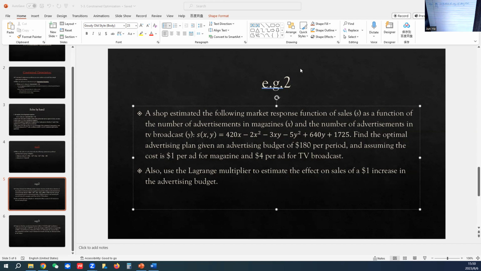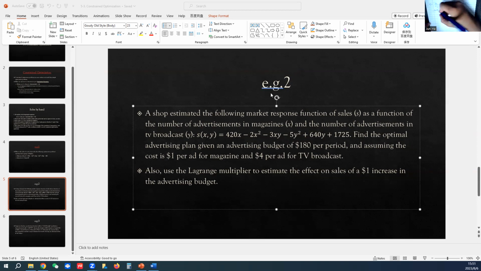Now we're asked to find the optimal advertising plan, which is how many to invest in X and Y, in TV broadcast and magazine, right? Given an advertising budget, so you do have a constraint, you have limited money to be allocated among these two, between X and Y, between magazine and TV broadcast.